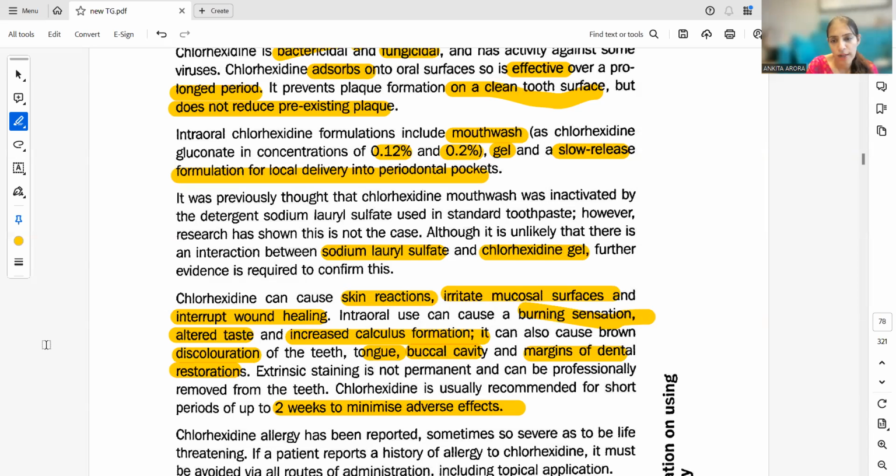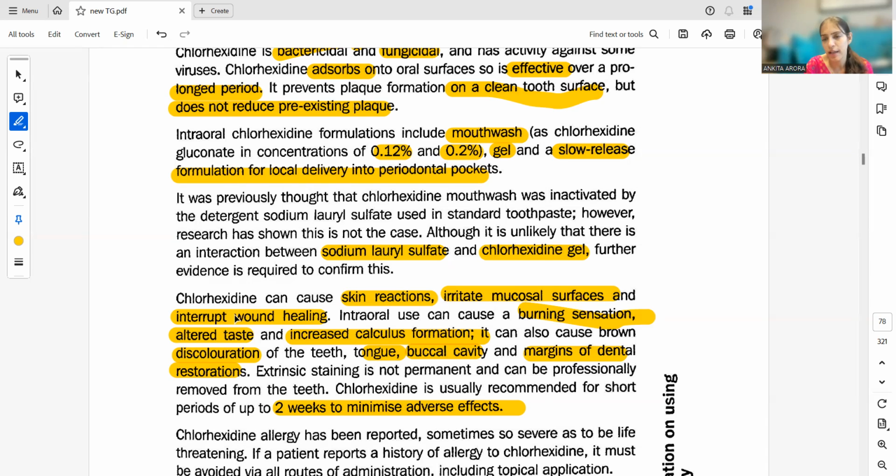I want to highlight an important question asked here, which is chlorhexidine's role in increasing calculus formation. We might have a pre-assumption that chlorhexidine reduces calculus formation. However, it does not. It gets absorbed onto the tooth surface, as clearly mentioned here, and this absorption onto the surface acts as a focus for the nidus formation for calculus.